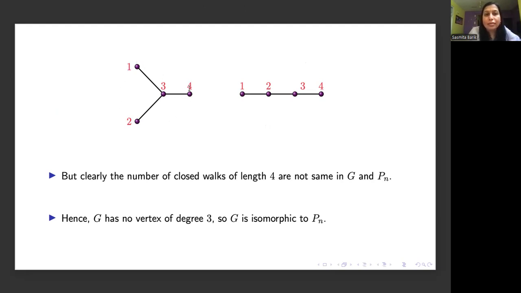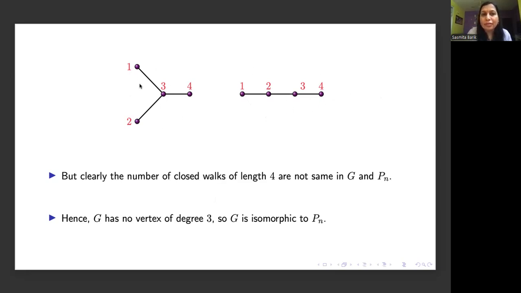So if there is a degree 3 vertex, it will be like this, and then you have another path. Here you are taking a path, and the rest part is also a path, because in the second graph I'm taking a part of a path of order n.